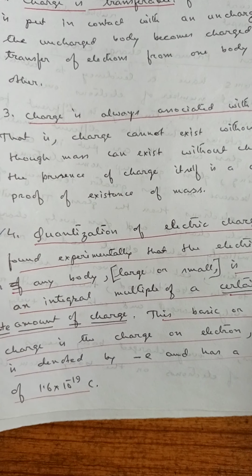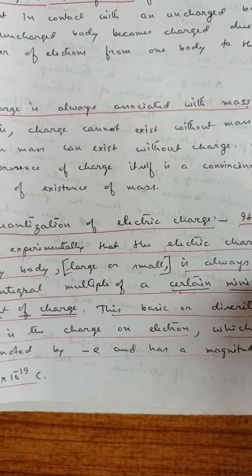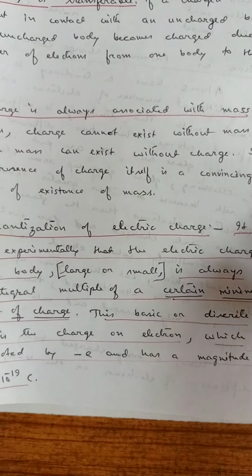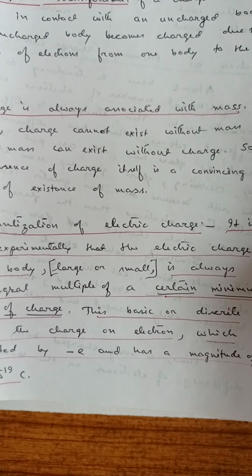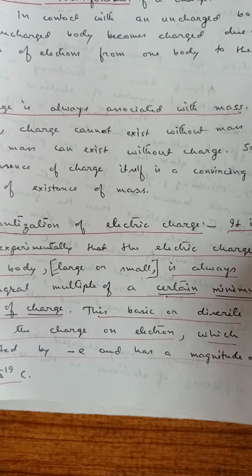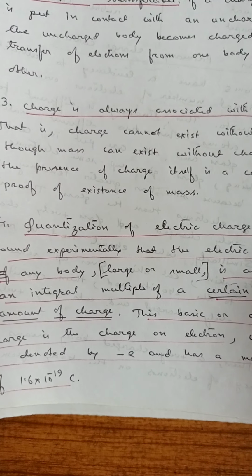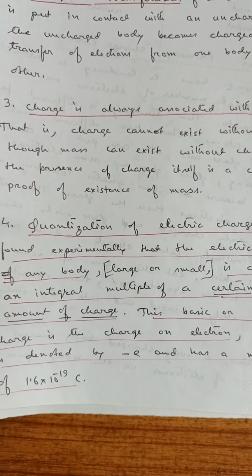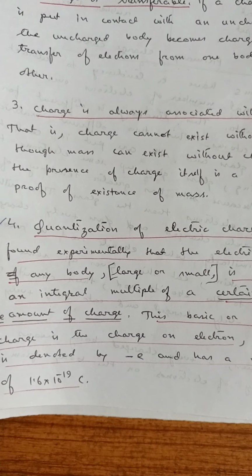Next property, charge is always associated with mass. Charge cannot exist without mass, but mass can exist without charge, because some bodies may be neutral.